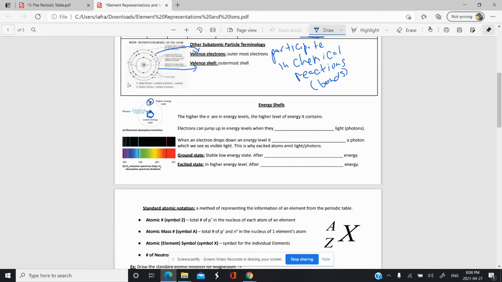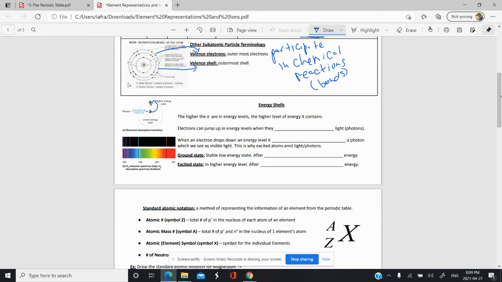So the cool thing is electrons can actually jump from a lower energy level to a higher energy level. So for example, the electron here jumps to here if you give it energy. So if you shine some high energy light onto it, or you heat it up a certain way through a fire, for example, you're going to give the electron some energy and it'll jump up to a higher energy level.